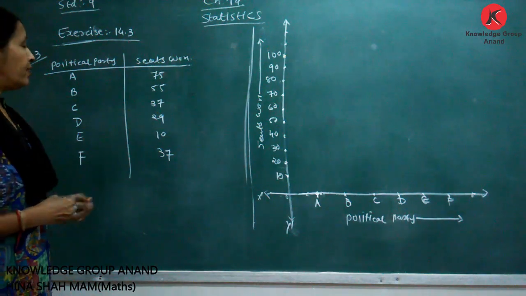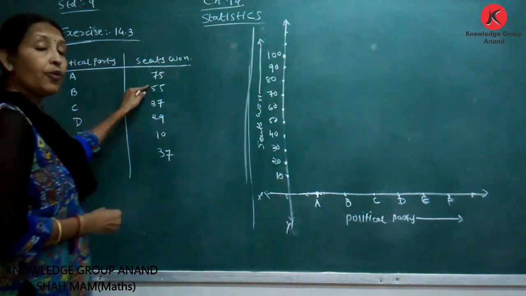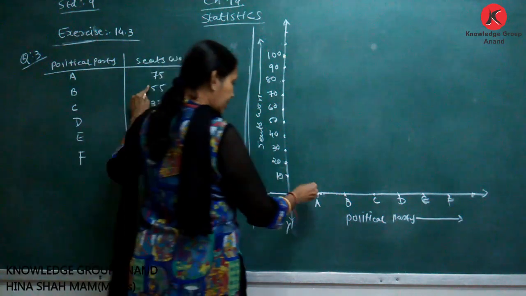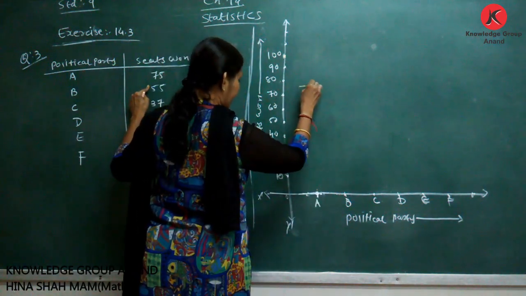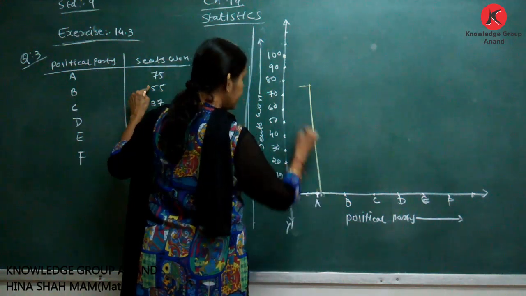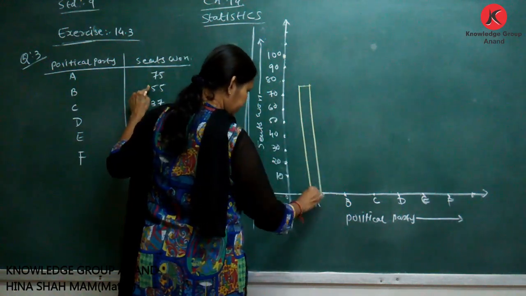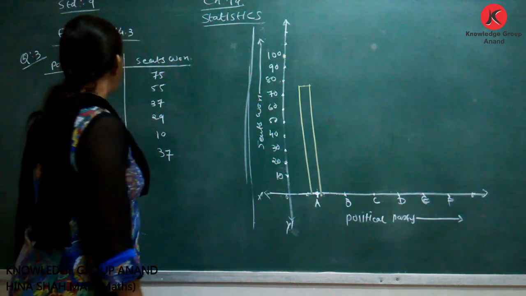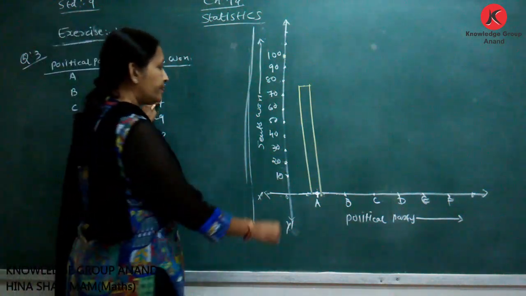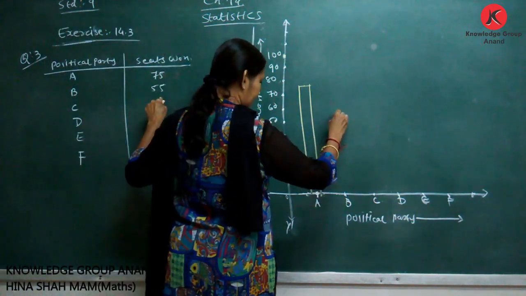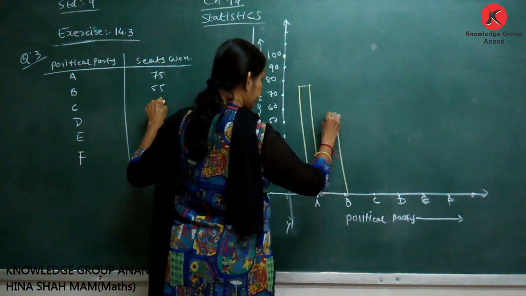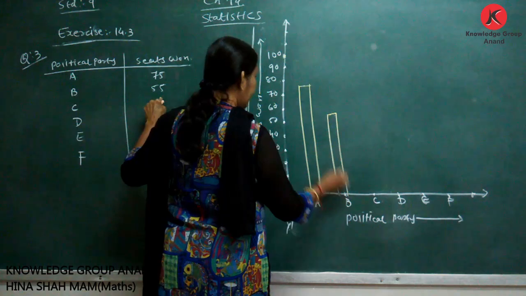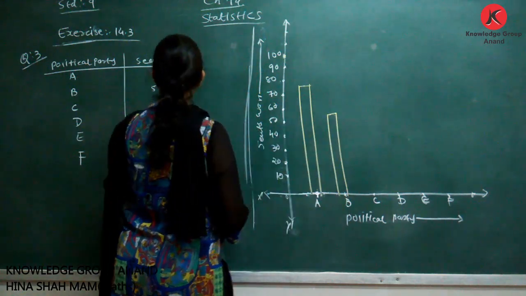Now draw the bar graph. Party A won how many seats? 75, between 70 and 75. Party B 55, between 50 and 60.